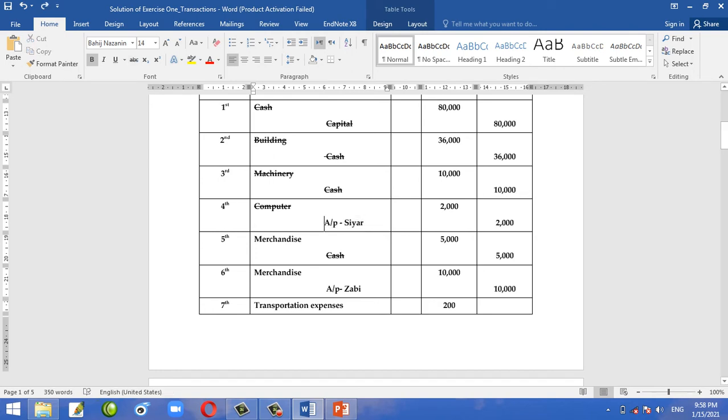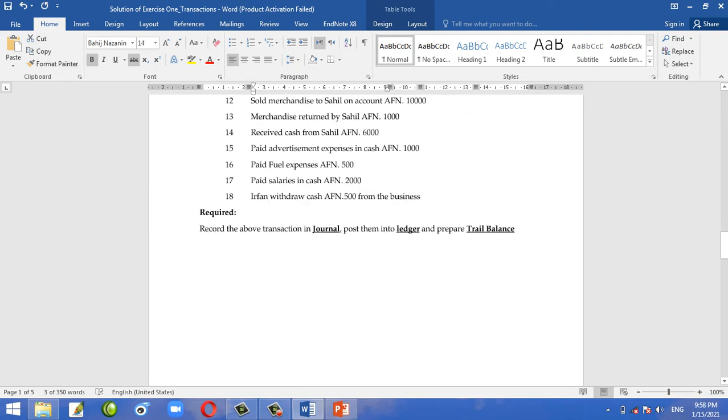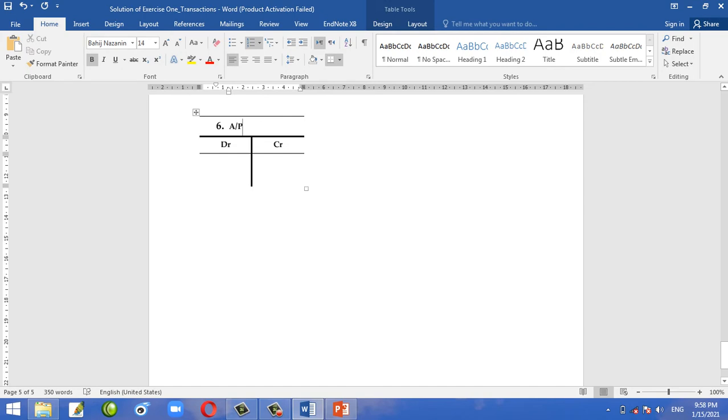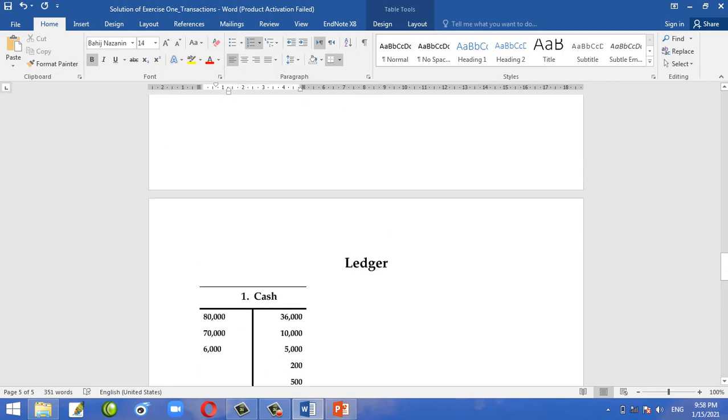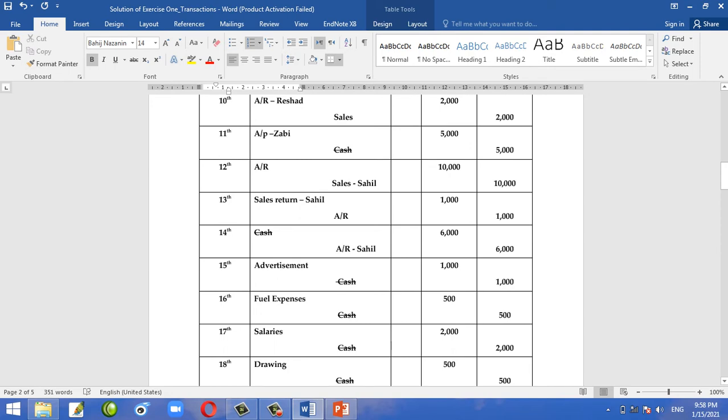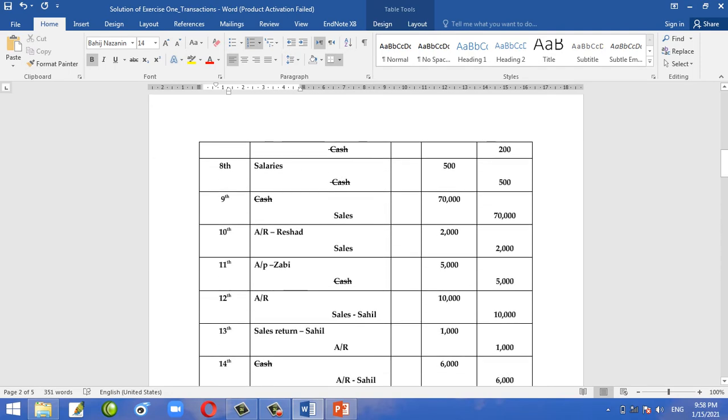Generally we have account payables, for example the different types of account payables we have. So here we are recording all of them in one ledger.